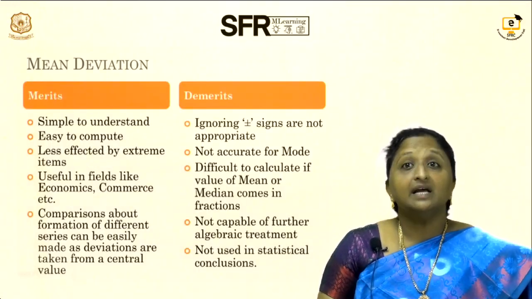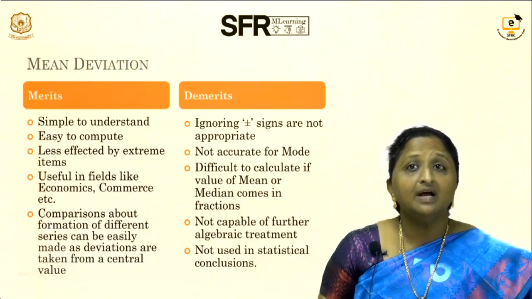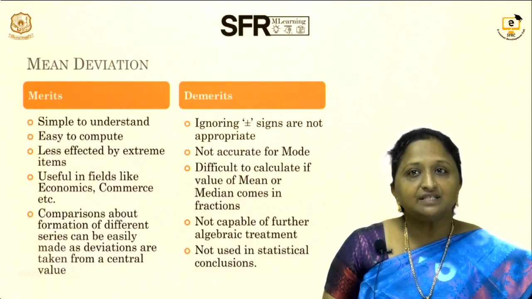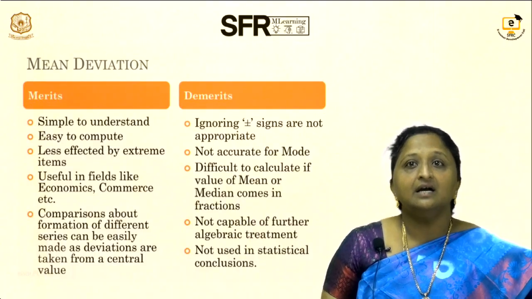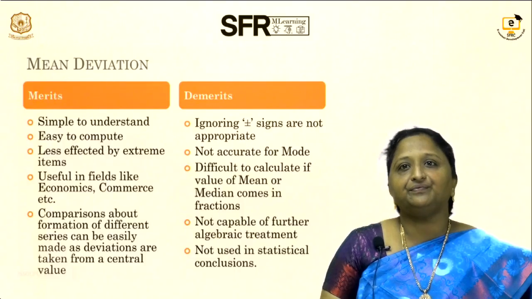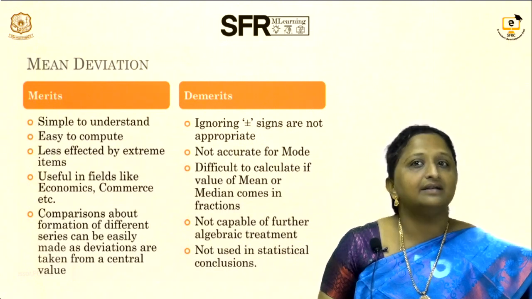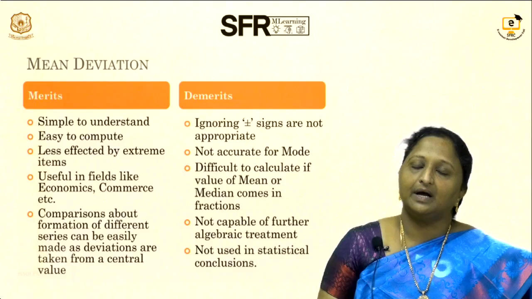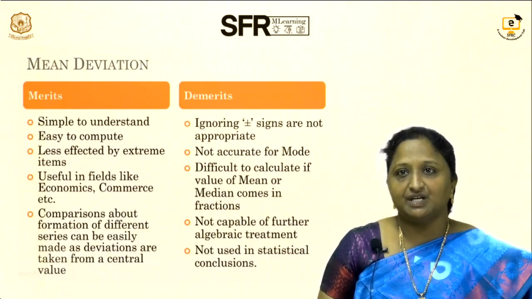The next one is the merits and demerits of the mean deviation. First, the merits: simple to understand, easy to compute, less affected by extreme items, and useful in fields like economics, commerce, etc. Comparison of different series can be easily made, as deviations are taken from a central value. We have demerits too for the mean deviation.